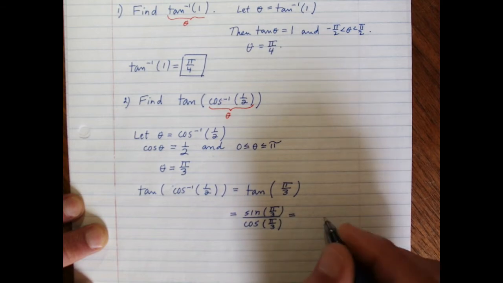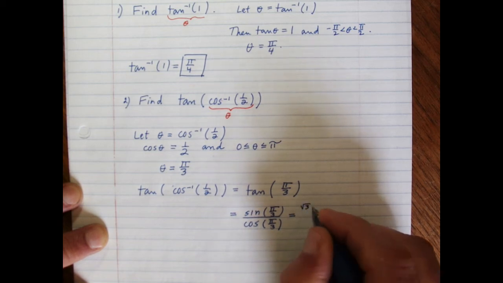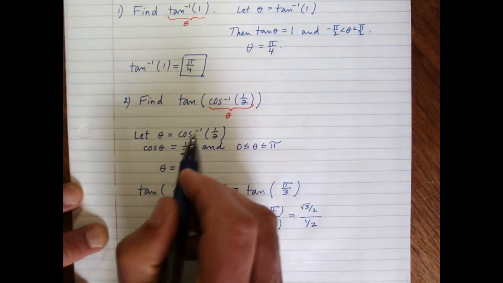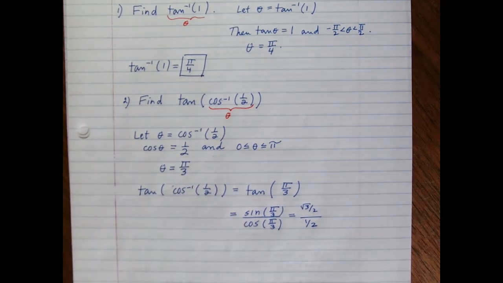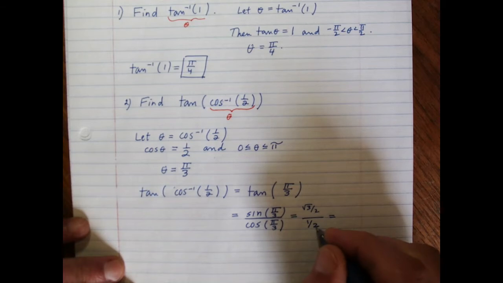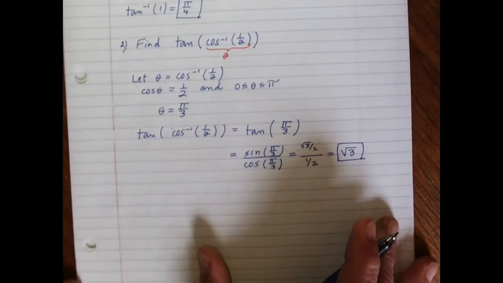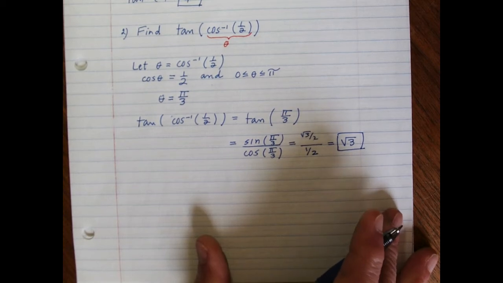Sine of pi over 3 is square root of 3 over 2, over cosine of pi over 3, which is 1/2. We're just using that fact that we've already seen in this problem. And so I get square root of 3 over 2 over 1/2. When I divide that out, it is square root of 3. There's my answer for number 2. Tangent of cosine inverse of 1/2 is square root of 3.